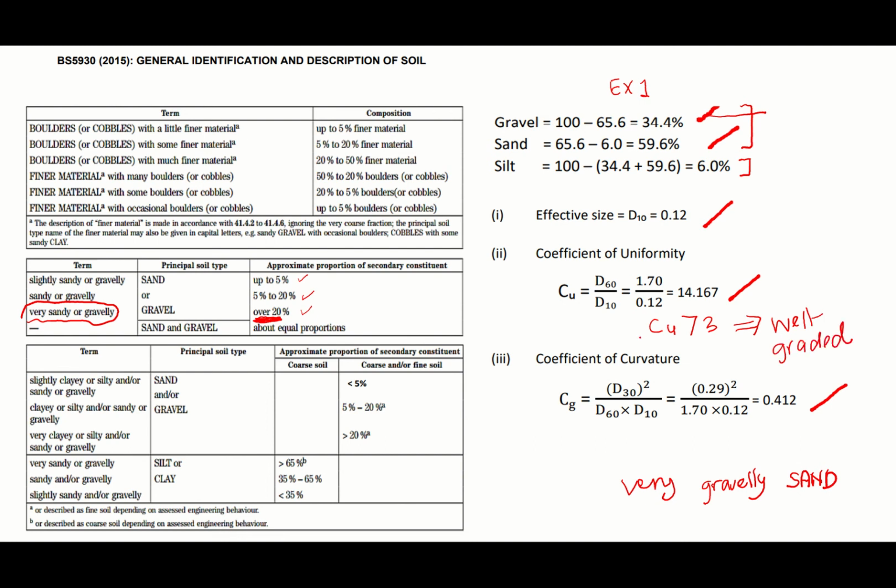When you calculate Cu equal to D60 over D10, we get about 14, so it is confirmed that Cu is more than 3. So you can put in front of the name well graded. In this case, for example 1, the soil classification is well graded, very gravelly sand.